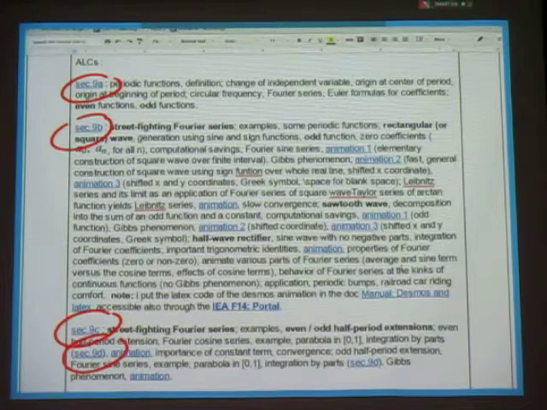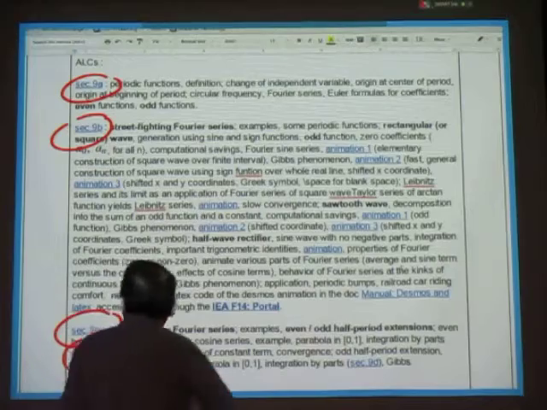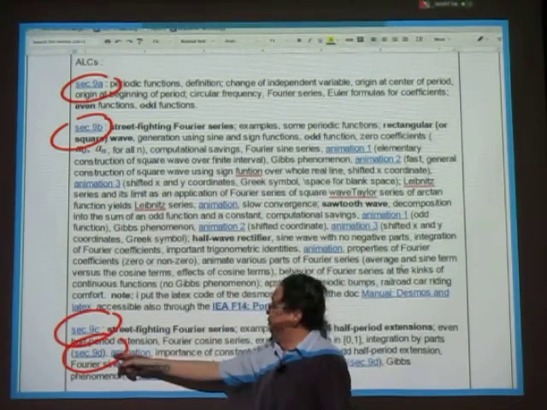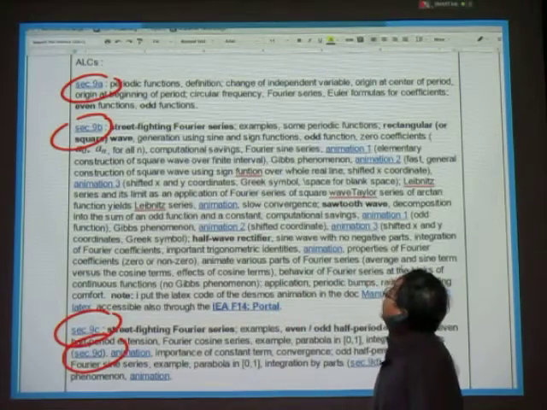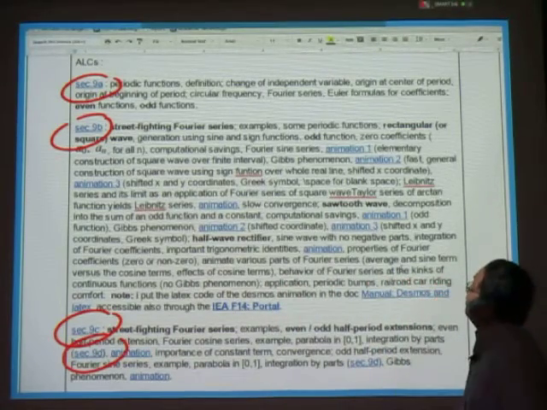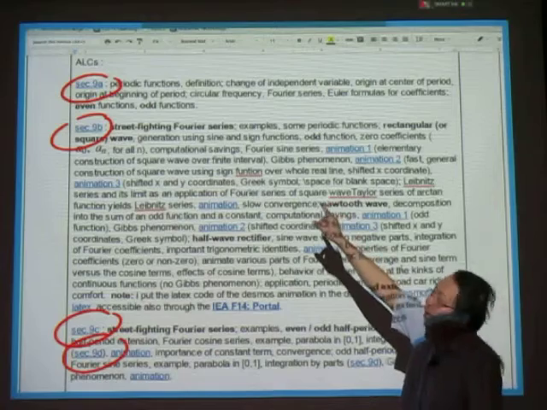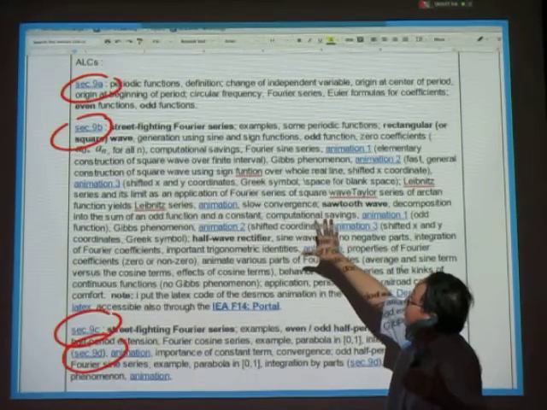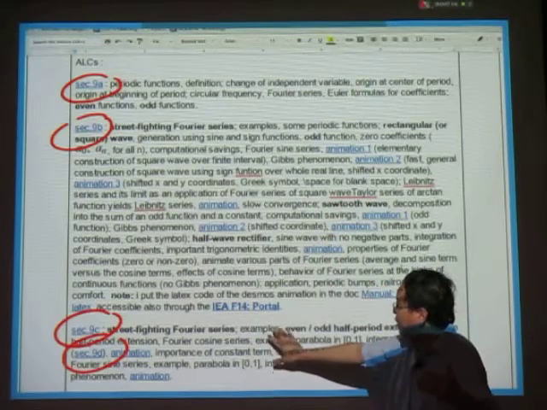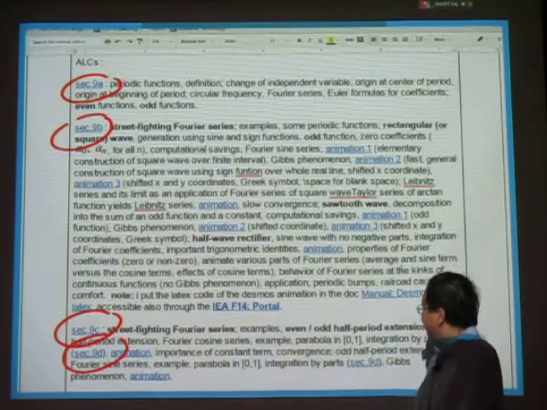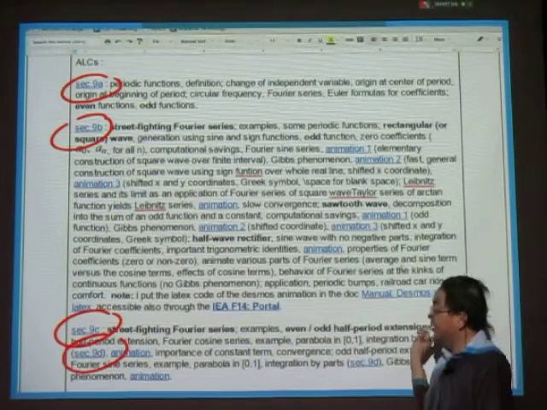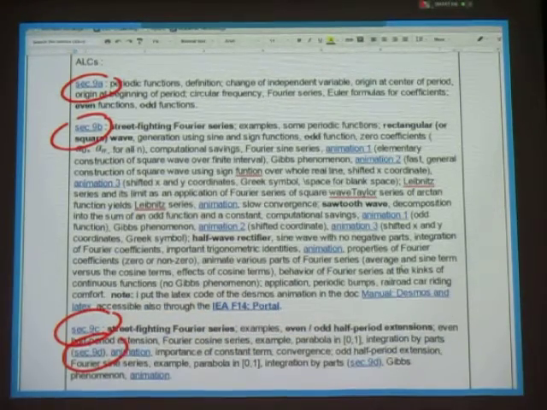Okay, 9D is a section related to successive integration by parts, which I already showed you before. So now let me begin with a little on 9A, and move directly to 9B and then go to 9C. Okay, 9C would be related to even or odd half period extension. Okay, so that's the plan.